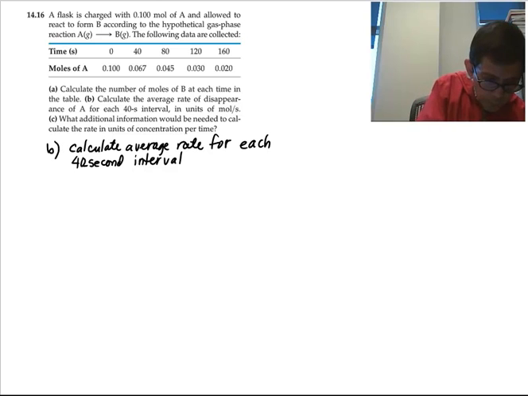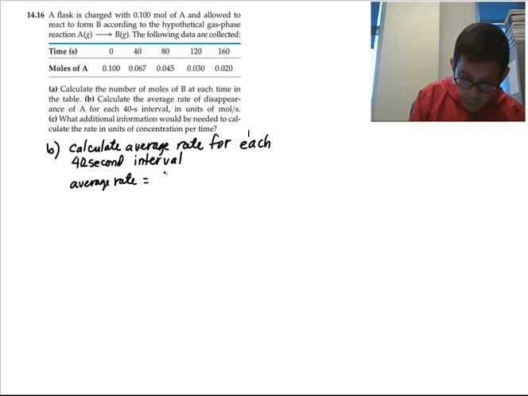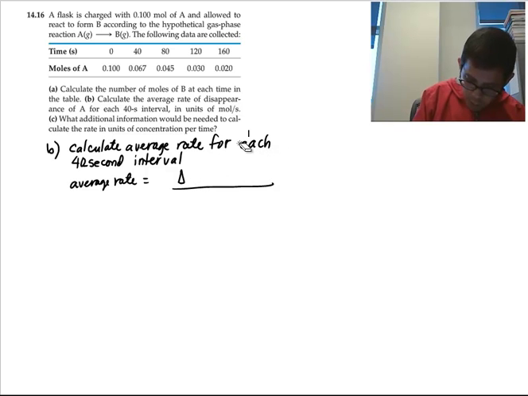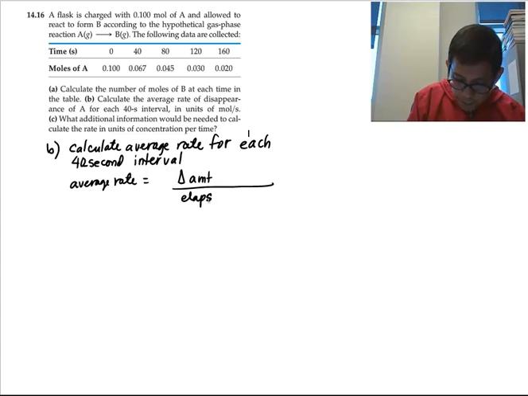So, average rate is equal to the change in the concentration, or the change in the amount, over the elapsed time.